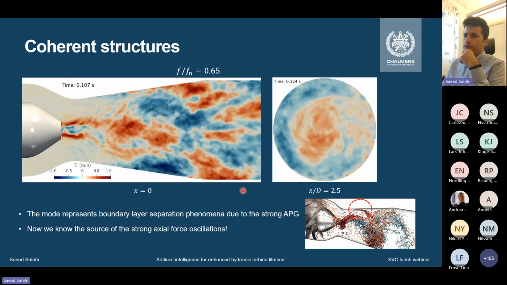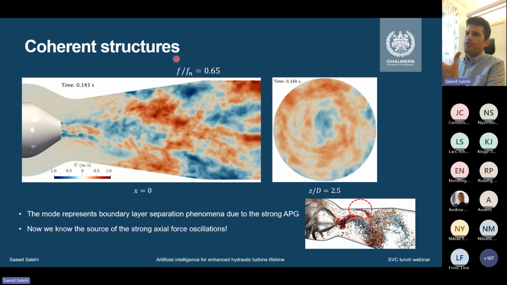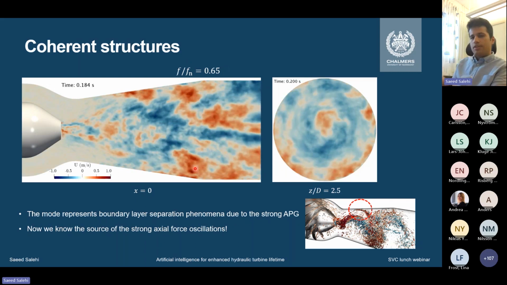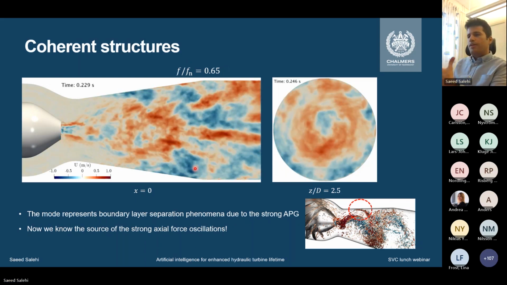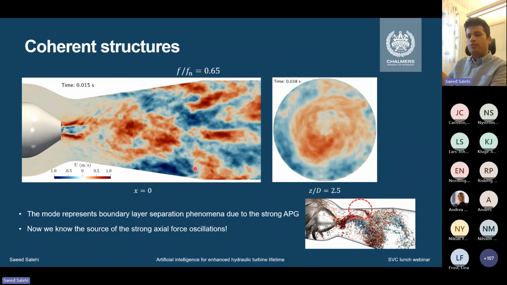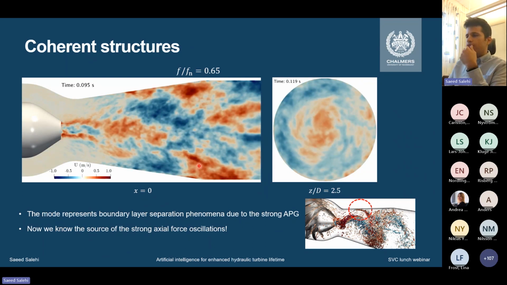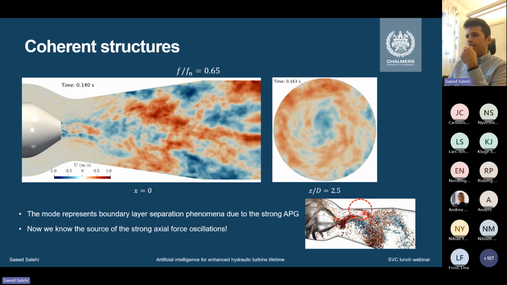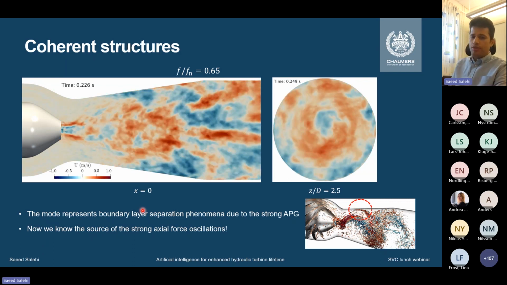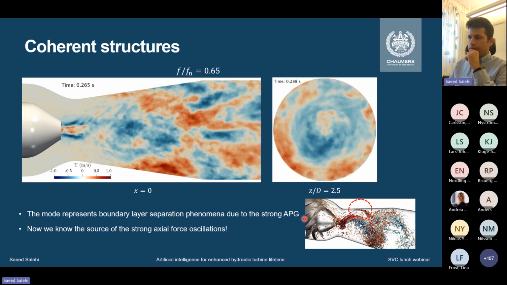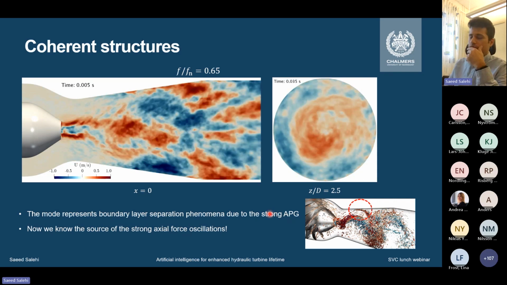So when we compare the frequency to this physics, we can now conclude that the frequency peak that we saw in the forces, whose origin we did not know, is connected to the separation of the boundary layer due to the strong adverse pressure gradient.